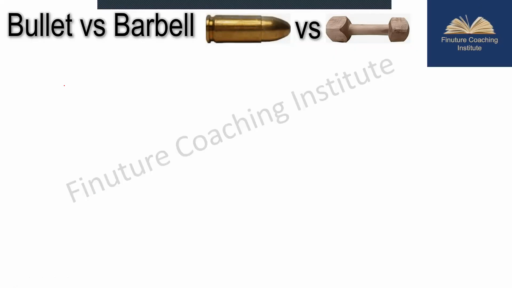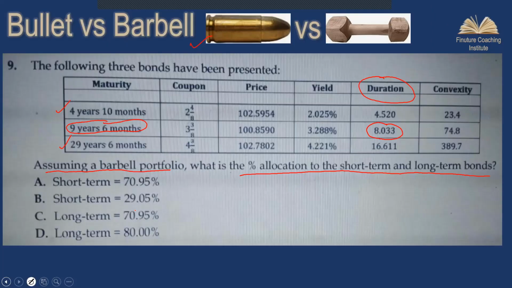Say the weight of the short-end bond is WS and the weight of the long-end bond is WL. Whatever this WS would be, the remaining we will invest in the long end. So WL, intuitively also, is 1 minus WS. Now what you have to do is create a portfolio which has a duration equal to 8.033.